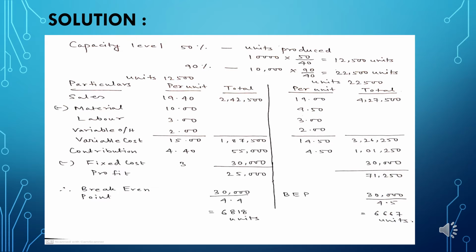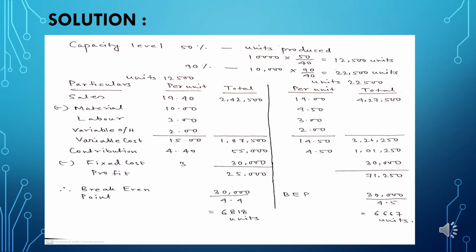2,42,500. Simultaneously, as I have already mentioned, the variable cost will be divided into the material cost, which is 10 per unit, labor cost of rupees 3 per unit, and there was a total overhead of 5, out of which 60% was fixed. So if 60% was fixed, that means the fixed cost per unit is 3.